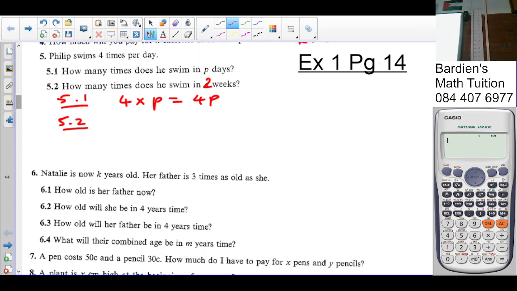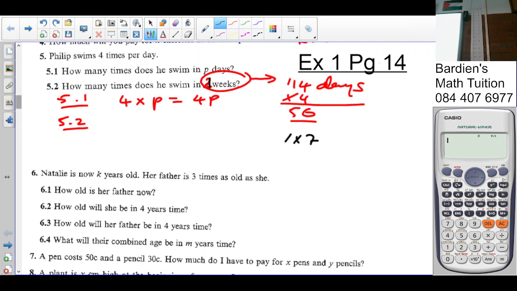Because, firstly, in a week is how many days? 7. So it's 14 days. Not so? And 4 times per day. It's going to give you 56 times. You see that, people? So if it was 1 week, then it's going to be 1 times 7 times 4. If it was 2 weeks, it was 2 times 7 times 4.